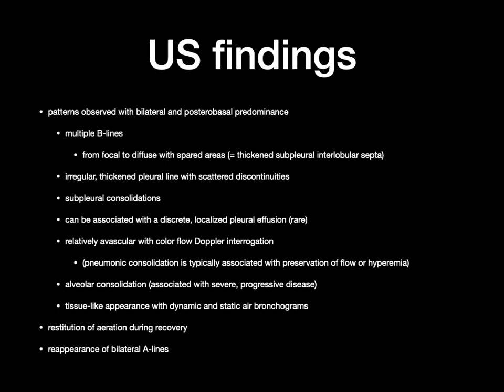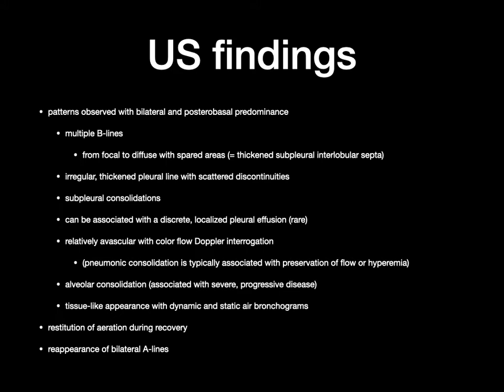If you put the colored flow on, you'll see that these lesions are not very vascularized, and when they get into the more severe phase of their disease, they can develop alveolar consolidation with air bronchograms. I'll be showing these later in the case presentations.